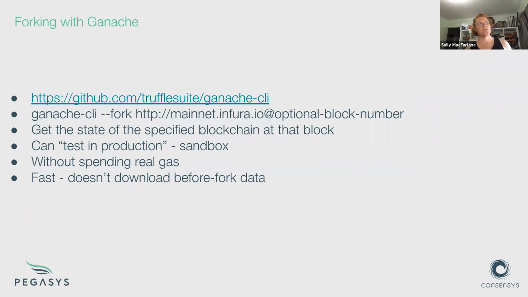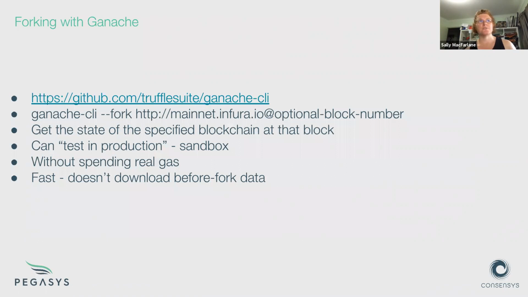Forking with Ganache. This feature's been in there for quite a while, but I wasn't aware of it before. So you can use Ganache CLI with the --fork option and point it at a specific blockchain. So mainnet, Ropsten, Rinkeby, or your local whatever you happen to be running, and you can optionally specify a block number.